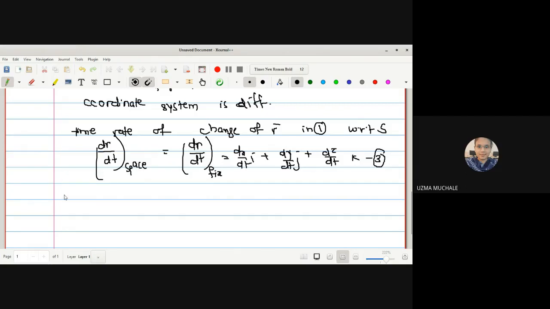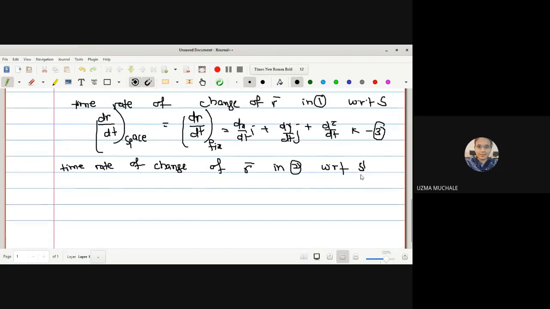This is our equation 3, which we obtain by differentiating equation 1. Now let us differentiate the second one also: the time rate of change of r, which is in equation 2, with respect to system S dash.